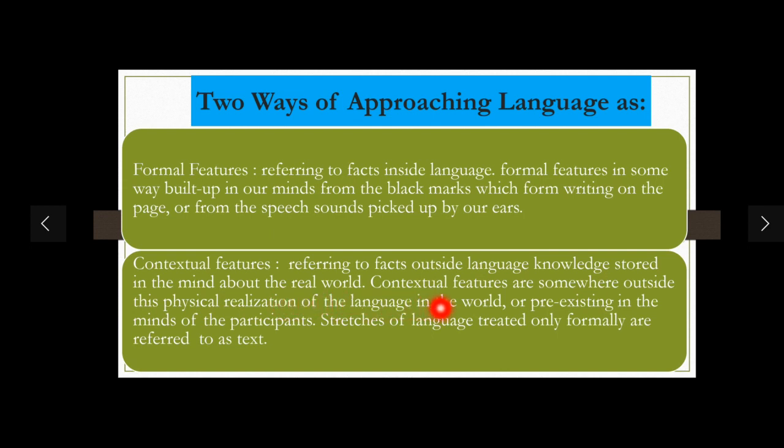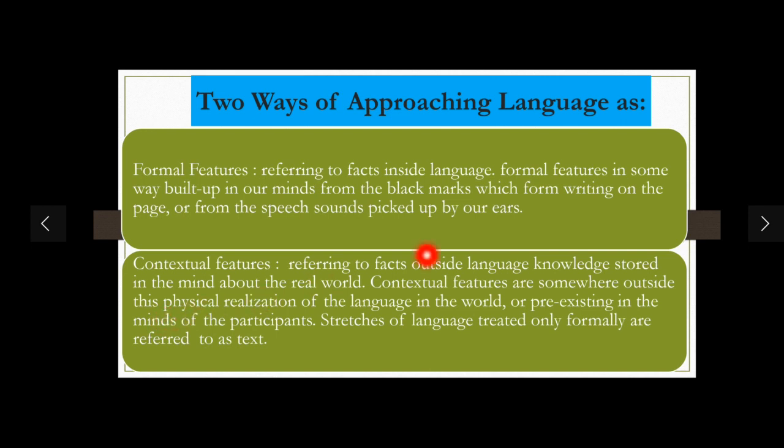Now, contextual features are somewhere outside these physical realizations of the language. So you see that contextual features are abstract. It's our mind, or pre-existing in the mind of participants. Stretches of language treated only formally are referred to as text.